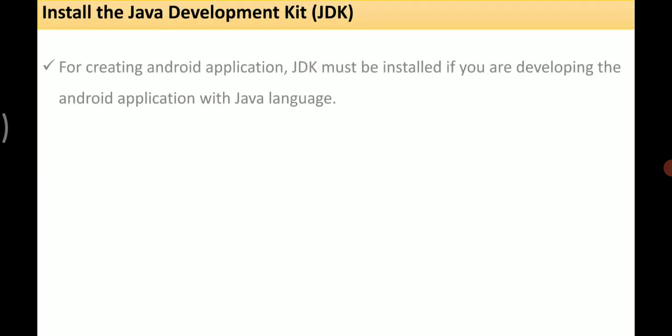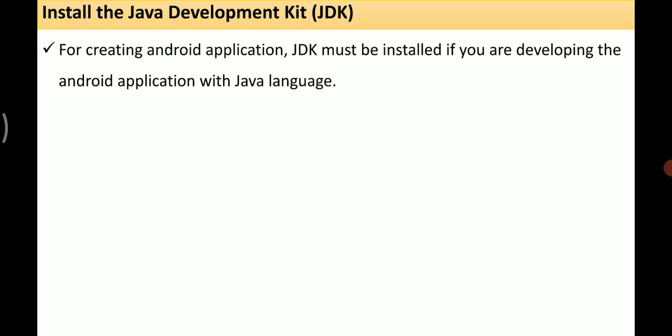The first one is to install the Java Development Kit. For creating any Android application, the Java Development Kit must be installed. If you are developing an Android application with the Java language, the Java Development Kit must be installed.